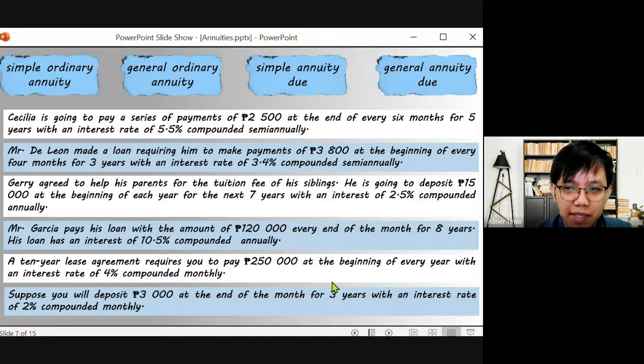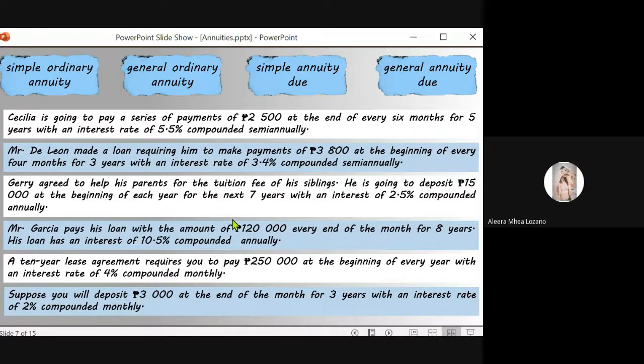Okay, do you agree, Miss Alera? Agree ka ba, Miss Alera? General lang, annuity due? Beginning of every month. Anong sagot mo, Ivory? General. Yes. A 10-year lease agreement requires the beginning of the year.